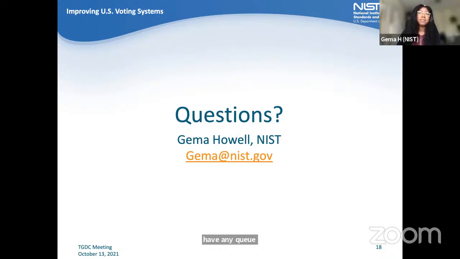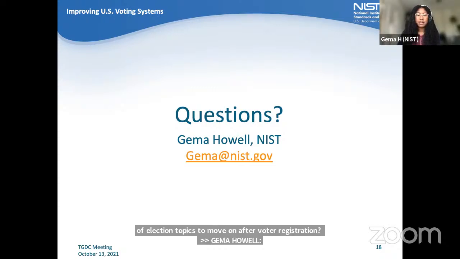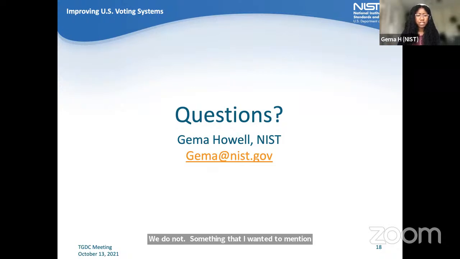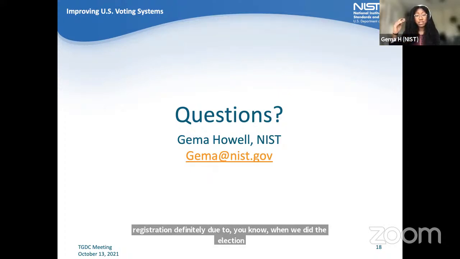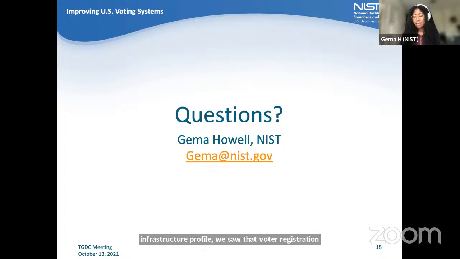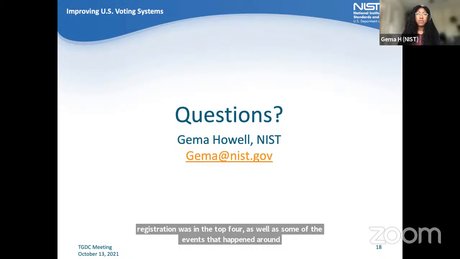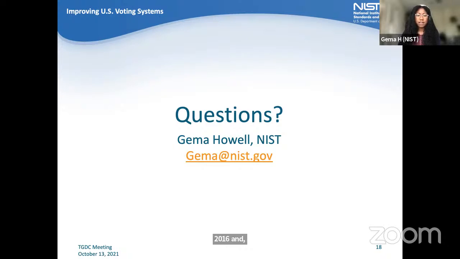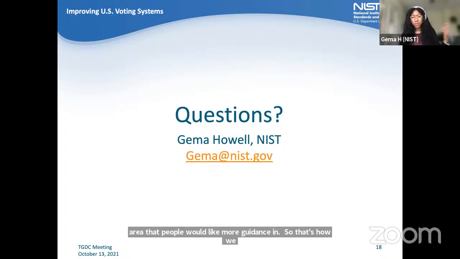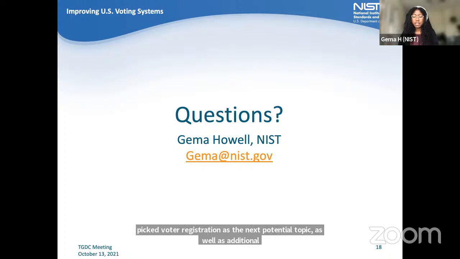We do not. Something that I wanted to mention was that we picked voter registration because when we did the election infrastructure profile, we saw that voter registration was in the top 4, as well as some of the events that happened around 2016. And we definitely heard that that's an area that people would like more guidance in. And so that's how we picked voter registration as the next potential topic, as well as additional feedback from other election stakeholders.